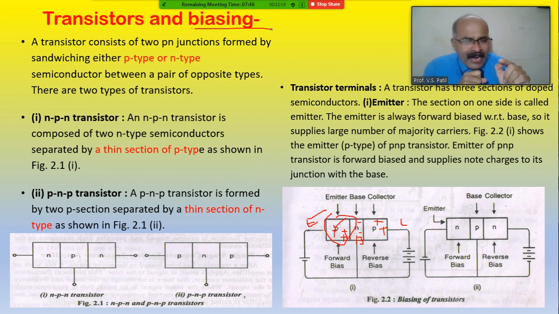To bias the transistor, one of the most essential methods is to make the input junction forward biased and the output junction reverse biased, that is, the emitter must be forward biased with respect to base.